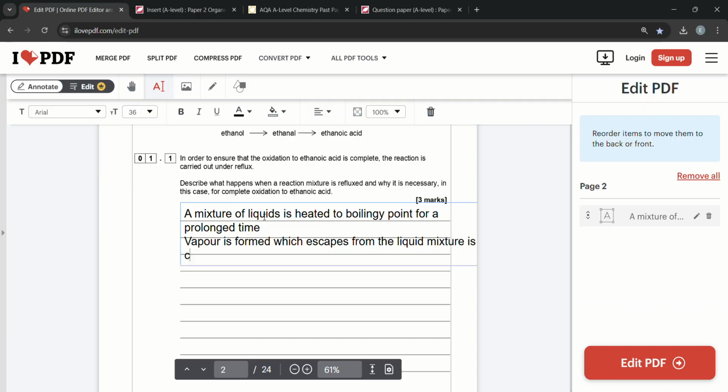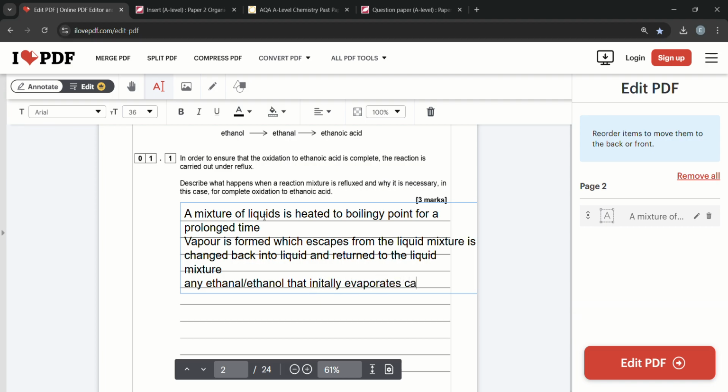The vapor is changed back into liquid and returned to the liquid mixture. Any ethanol that initially evaporates can then be oxidized.